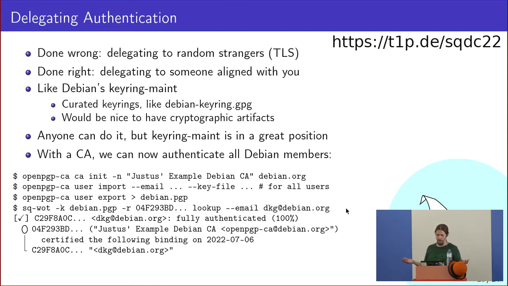So for example, I can say, use this keyring, start from my CA that I just created, and look up all these certificates that you can authenticate for this email address, for DKG. And then not only will it return all the matching certificates, our implementation will also tell you how it came to that conclusion.